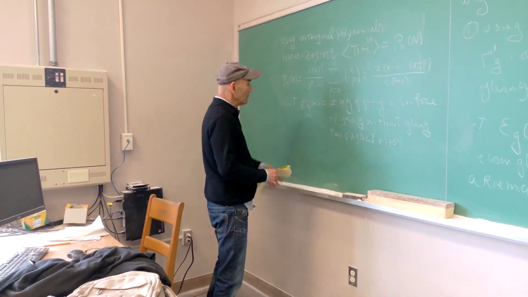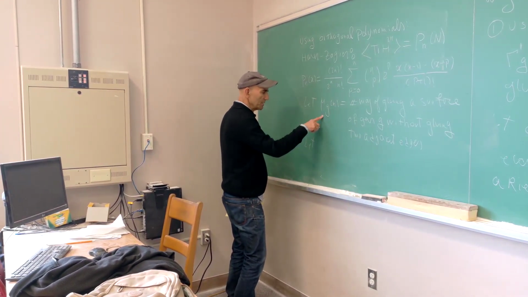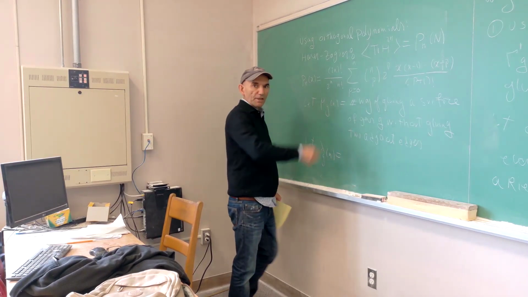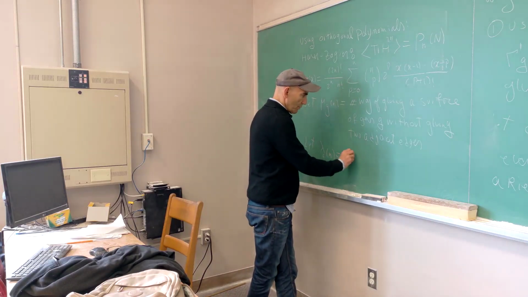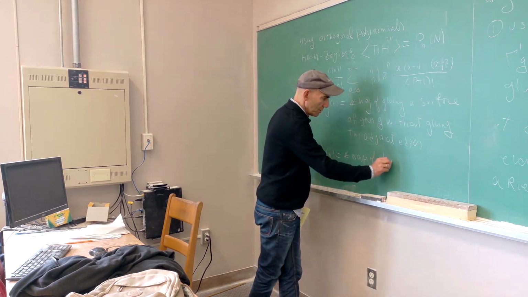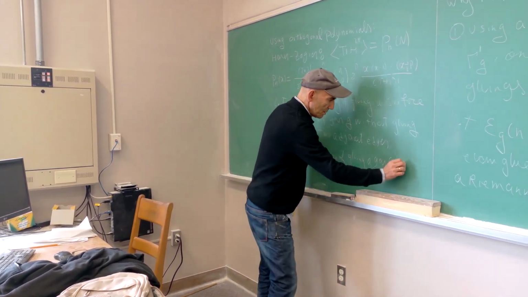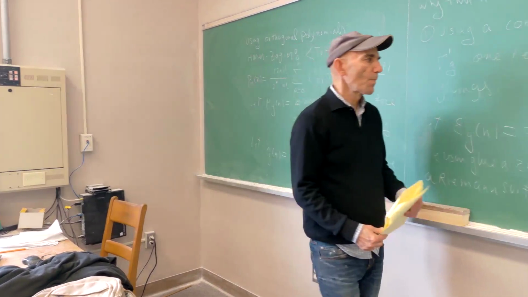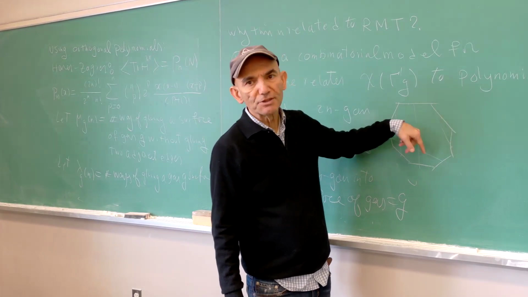And there's another number, lambda_{g,n}, which is what we need. So this is an intermediate number, but let lambda_{g,n} be the same thing as above: the number of ways of gluing the genus g surface without gluing two adjacent edges to two adjacent edges.